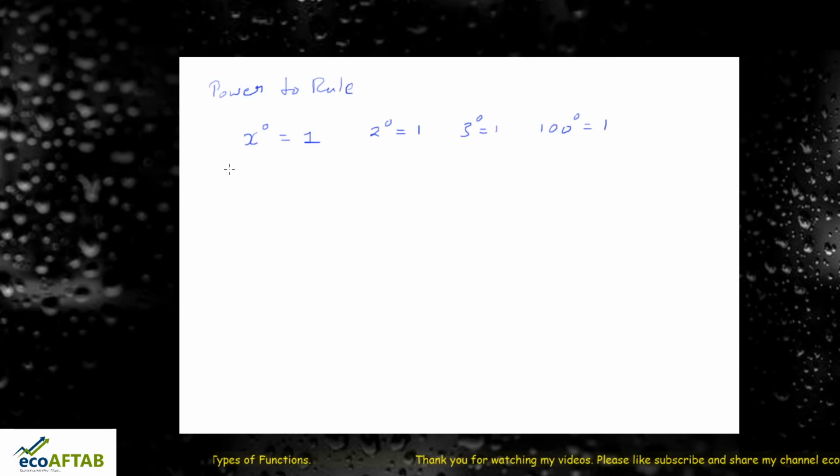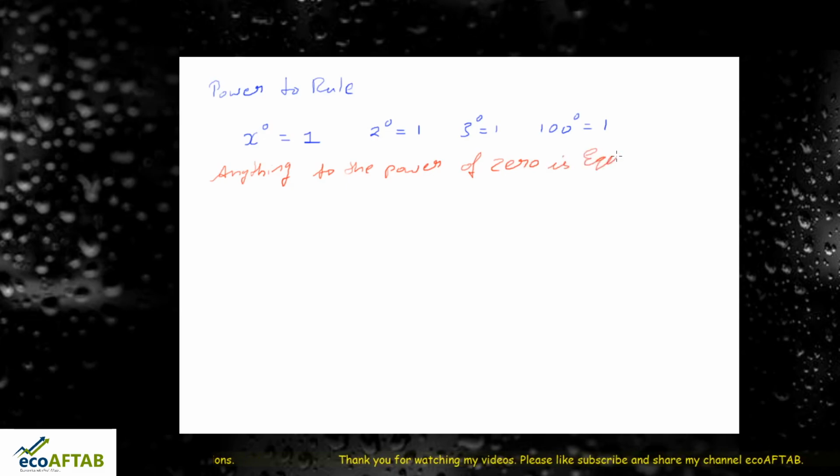Here I write it for you. Anything to the power of 0 is equal to 1. I'll try to give you the proof as to why it is so. If I say 3 divided by 3, what is it?